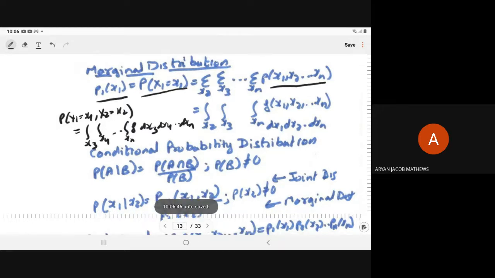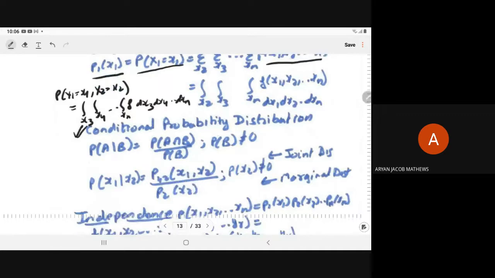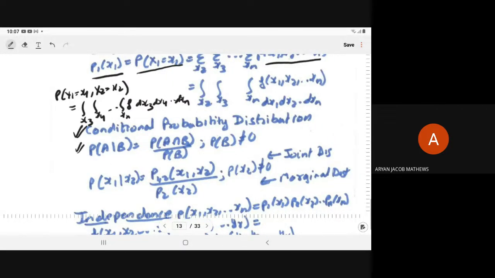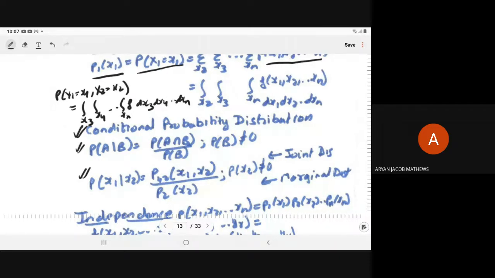Now, from conditional probability, we have the idea that to compute probability of A given B, we have the formula probability of A intersection B divided by the probability of B, provided probability of B is not equal to 0, meaning event B has already occurred. So if you want to write the probability of x1 given x2, it is the probability of x1, x2 divided by the probability of x2.